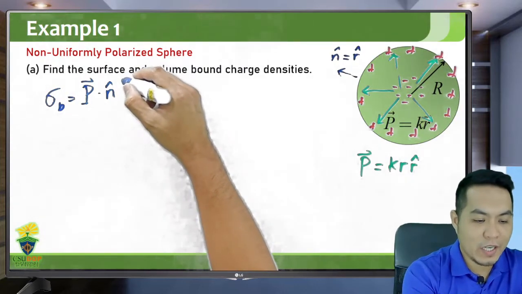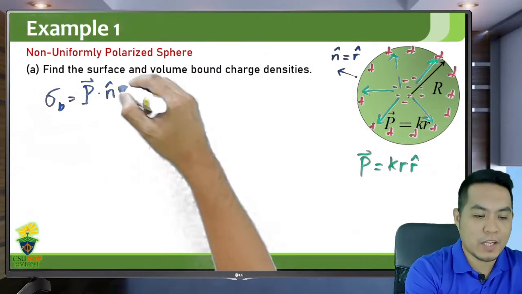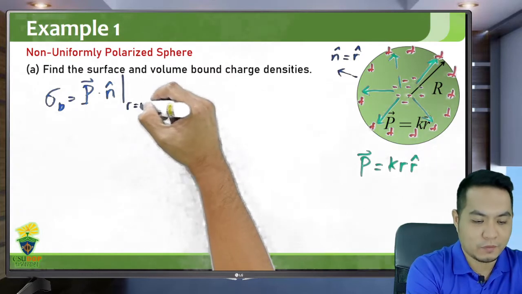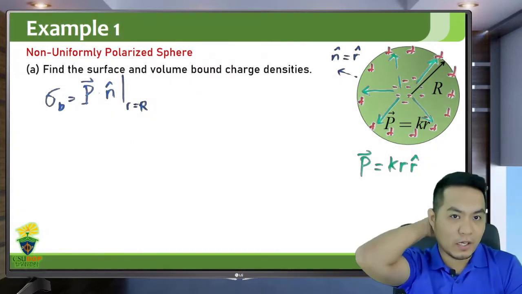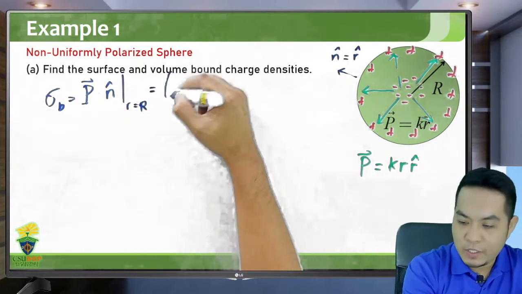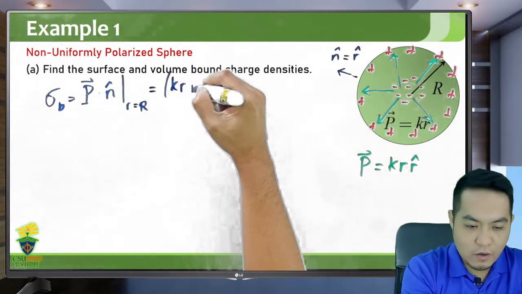We need to evaluate this at the surface or at the boundary at r equal to capital R. So we have the polarization, it's k r hat.